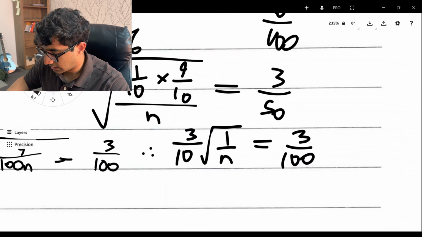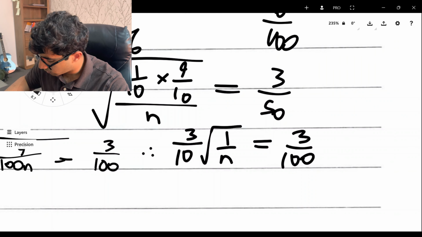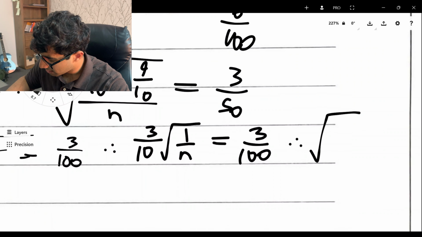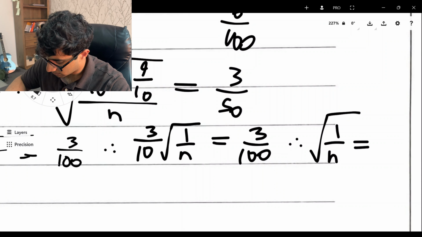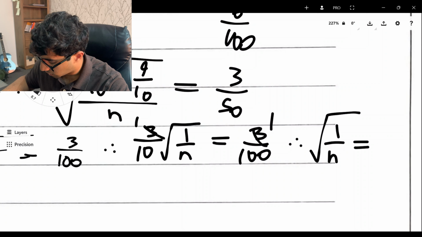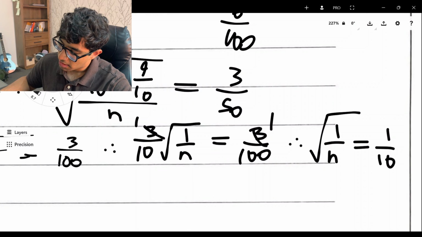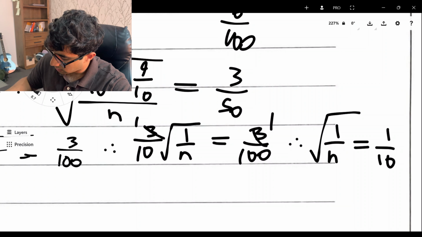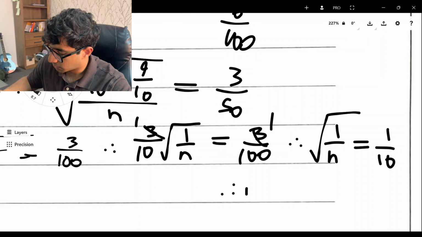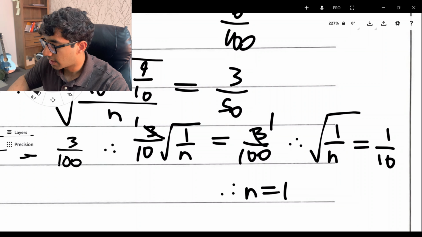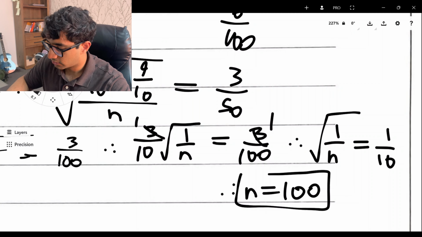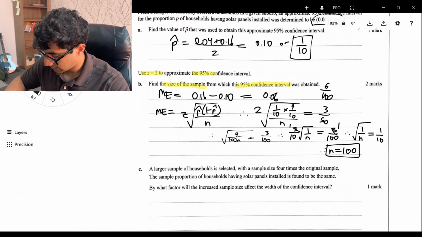Now all I need to do is cancel out my sides. So therefore, root of 1 over n is going to equal 1 over 10, okay? Which means that, just looking at it, n would have to equal 100. N would equal 100. So that would be your sample size in this case.